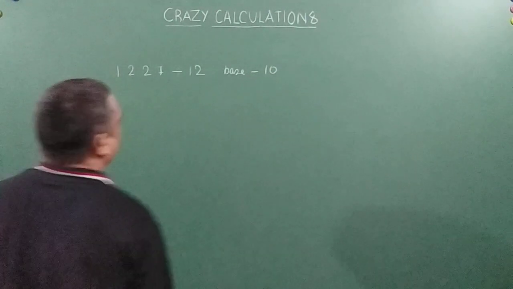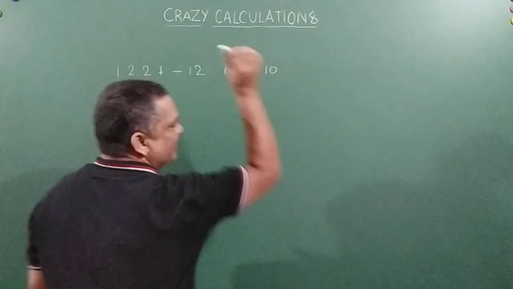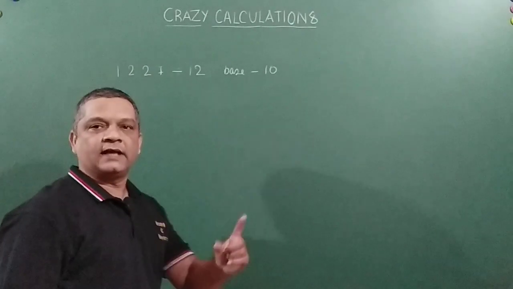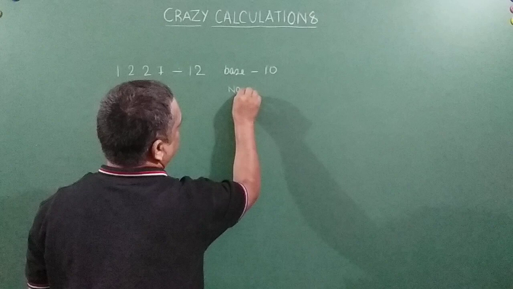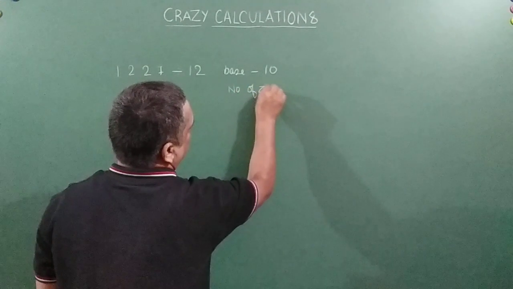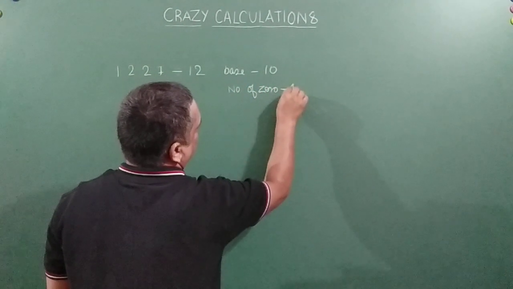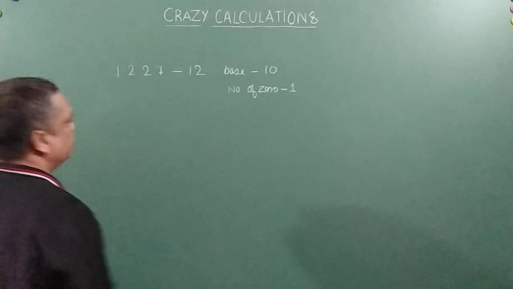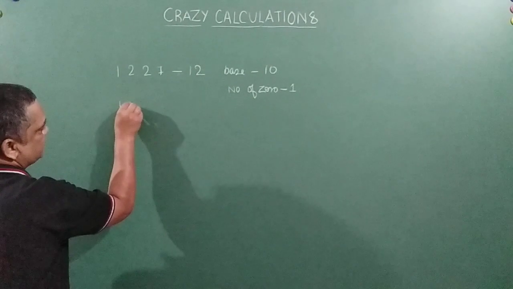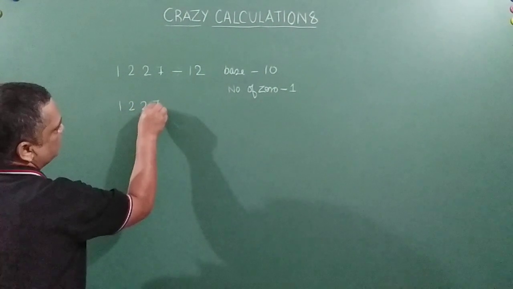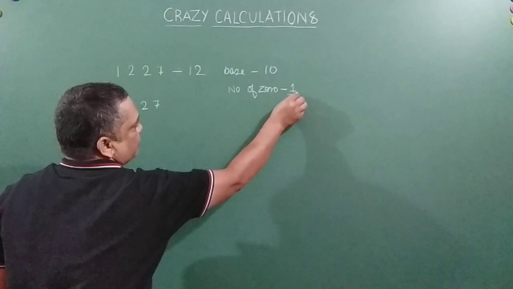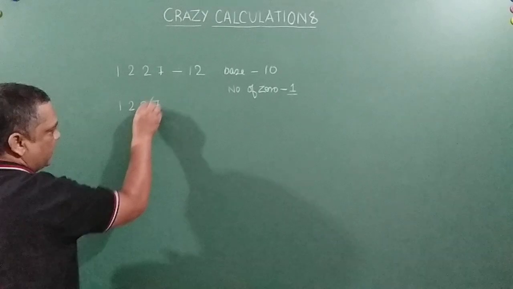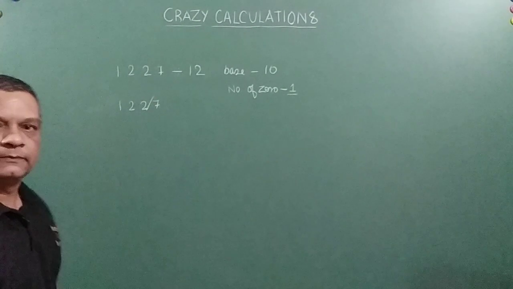Now 10 has got how many zeros? 10 has got one 0 in it, so the number of 0s in the base is 1. Now we represent it like this: 1 2 2 7. The number of zeros in the base is 1, so I mark 1 digit for the remainder.